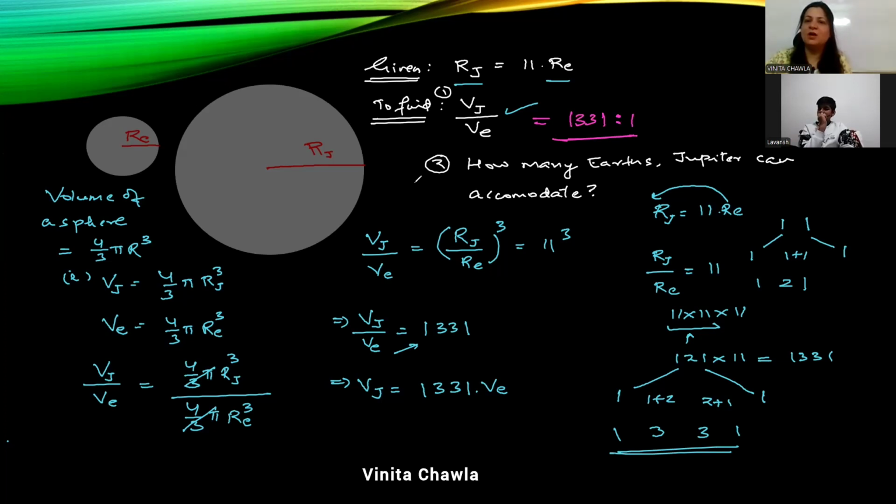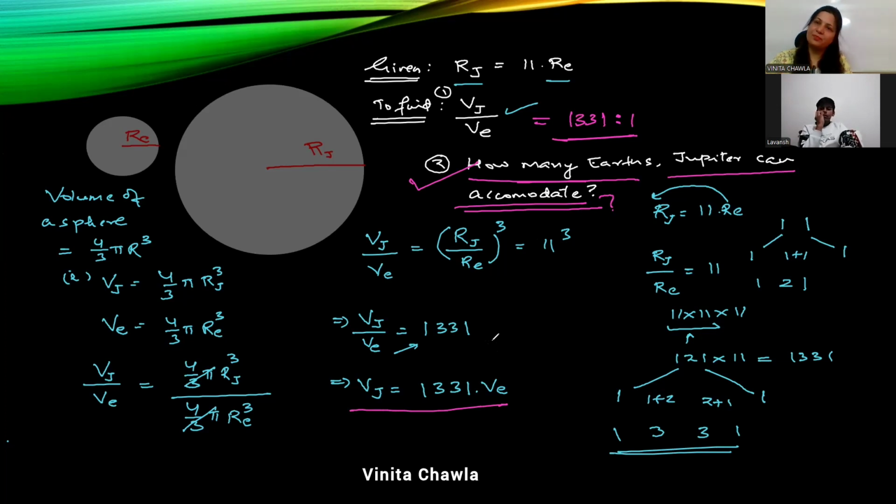Next question is, how many Earths can Jupiter accommodate? Can we get this value from this ratio? How many Earths can Jupiter accommodate?